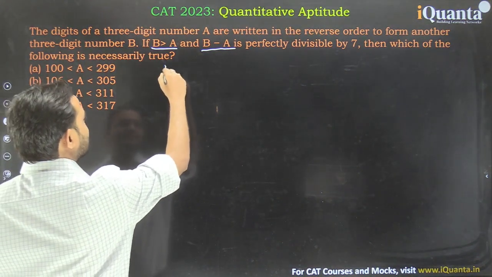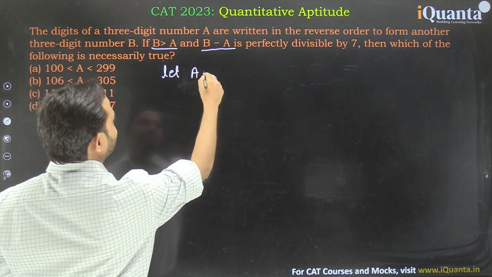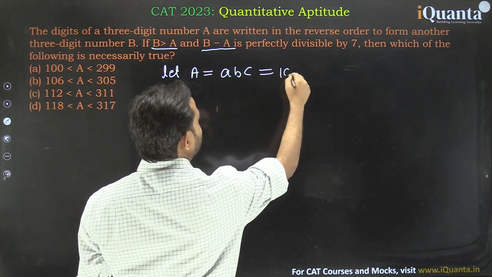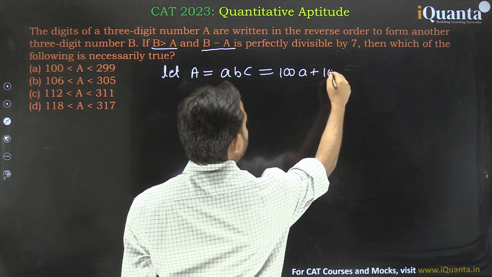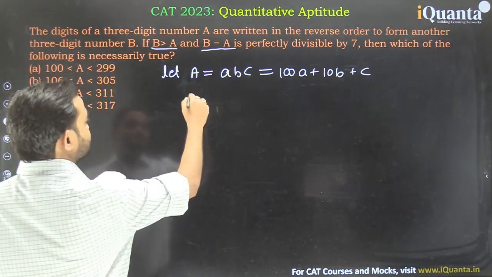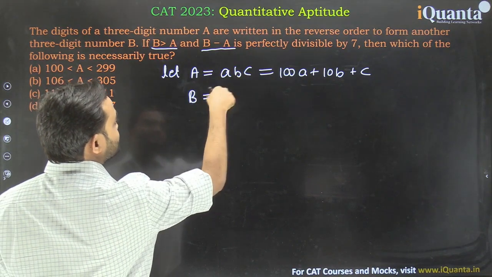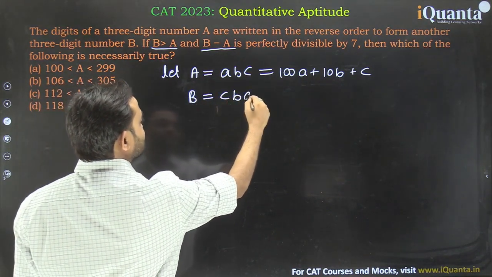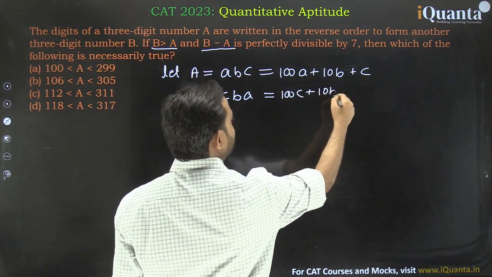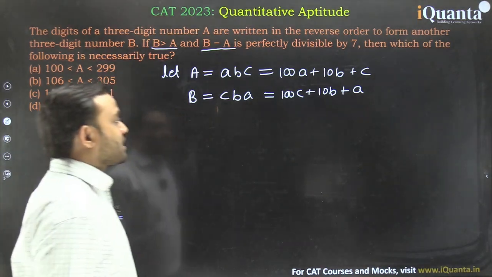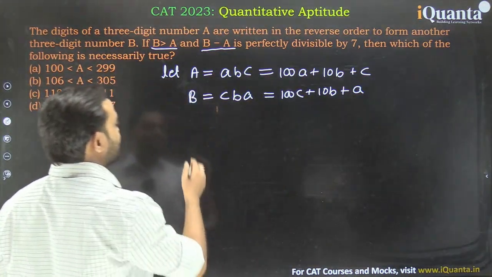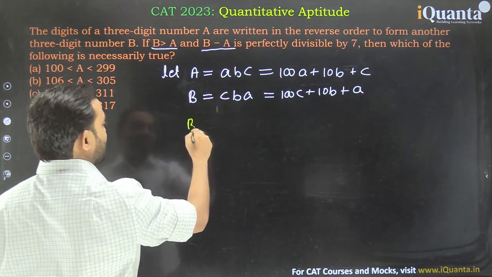We can say that A is a 3-digit number equal to ABC, and if we expand this we get 100A plus 10B plus C, right? And what is B? B will be the reverse of A, which is CBA, and this we can write as 100C plus 10B plus A. Now according to the question, B minus A is perfectly divisible by 7 and B is greater than A. So what is B minus A?